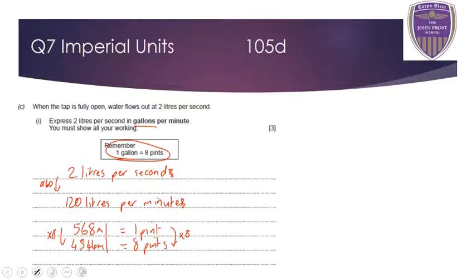So from that then, I can work out how many gallons there are in 120 litres. So that's 1 gallon. So in litres, 4,544 millilitres.